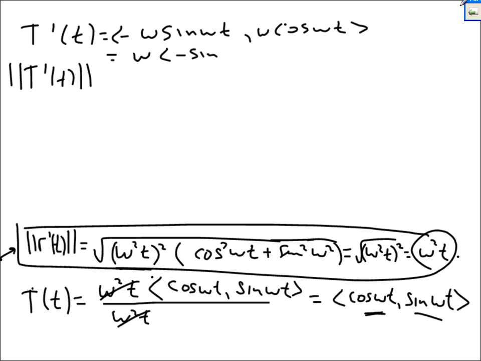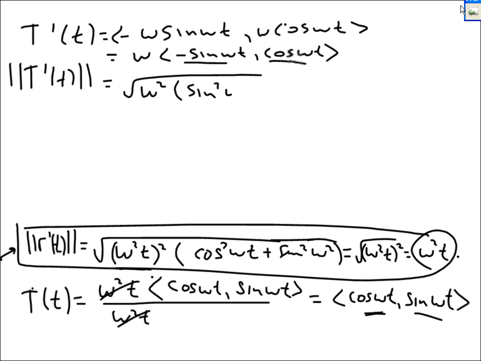Negative sine omega t, comma, cosine omega t. So the length will be the square root of omega squared times this squared plus that squared. Once again, that part's going to be 1. You just get the square root of omega squared, which is omega.